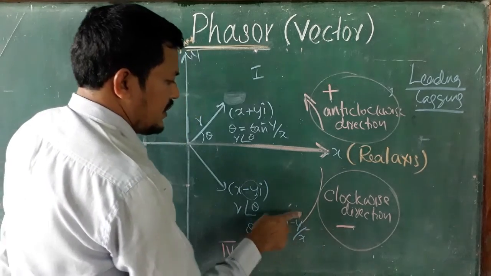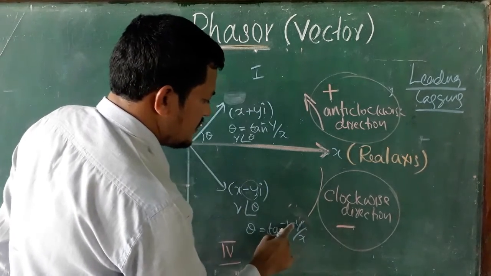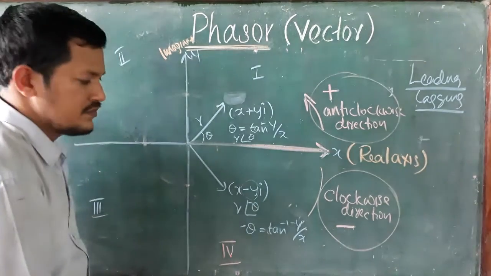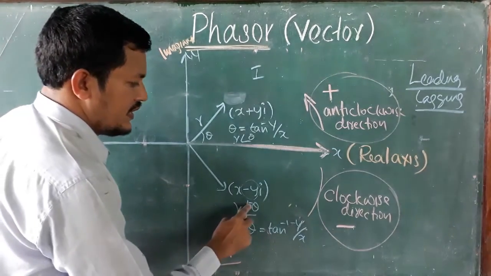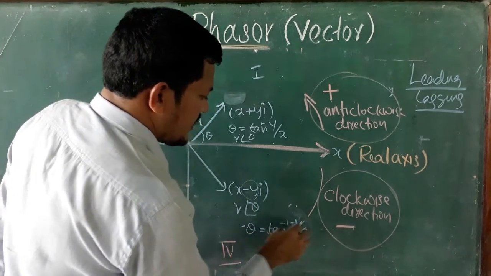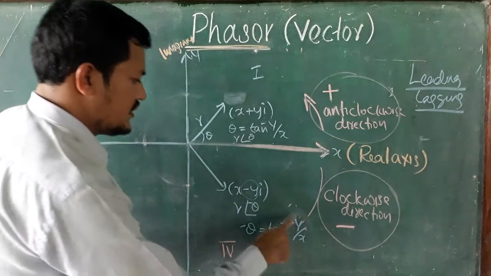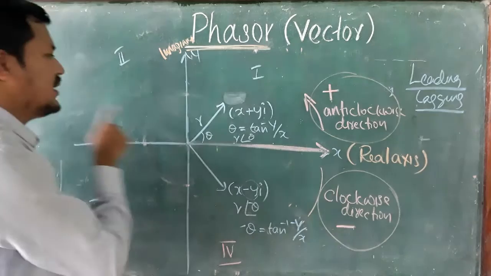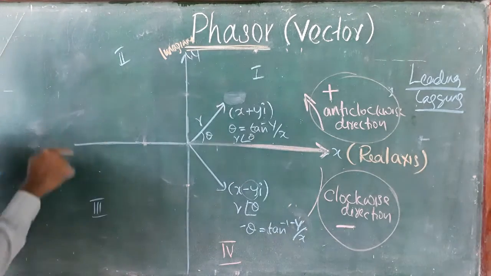Once the minus comes, the angle becomes minus theta. So you have to write r at an angle minus theta. Automatically it will come because we are inserting minus y. So with respect to minus, theta becomes minus. But here the problem comes.